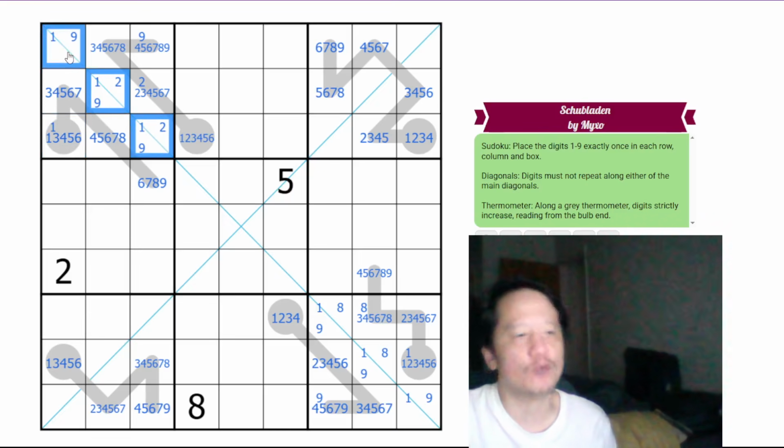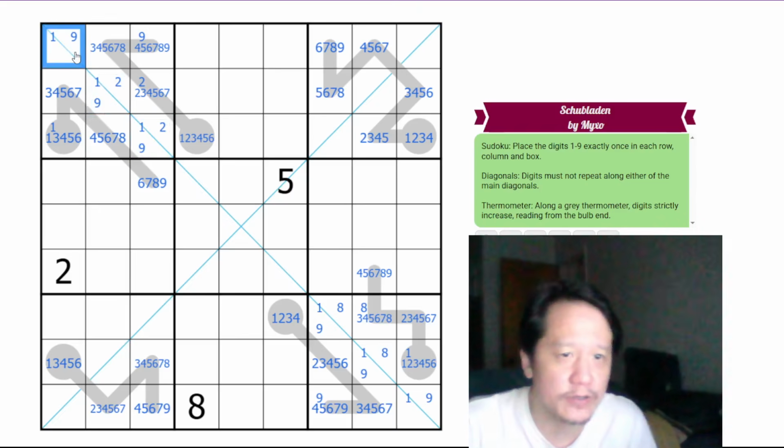So you have to have 1 or 2 be on this diagonal here.